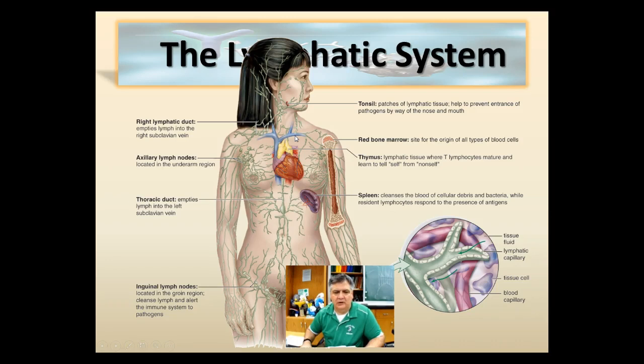Sub means below, clavian, the clavicle, so it's this large vein below the clavicle on the left side of the body. The thoracic duct dumps the lymph into there. On the other hand, here we can see the right lymphatic duct and how it connects. This would be the right subclavian vein here.